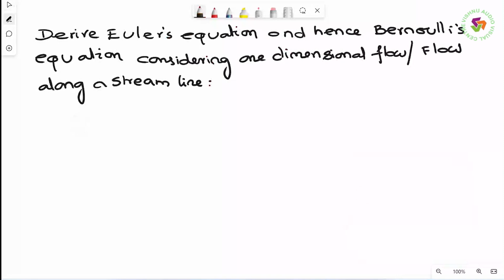So now if I take it, this is how the streamlines are.